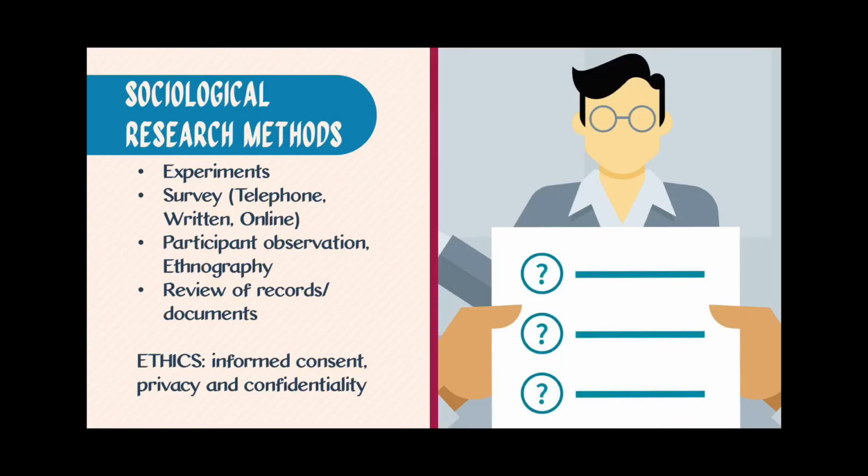And then also, we were able to learn about the different sociological research methods that we can use when we do sociological research. So one, you can do a social experiment.